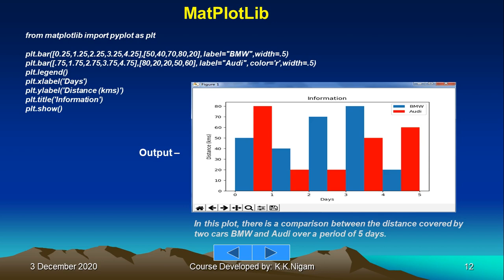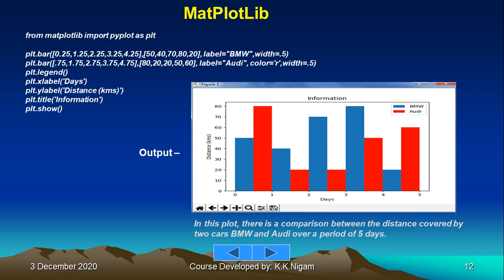Then again the second line, further again you can give the different types of data that you have. Audi is the label that you want to give, color is R, width is 0.5. Then again legend, then X label which goes into the X axis, Y label goes into the Y axis, title that is information, and then you can draw the plot.